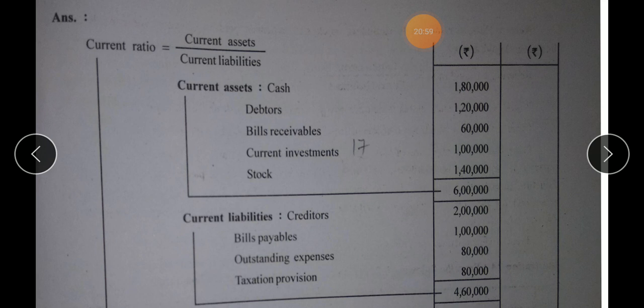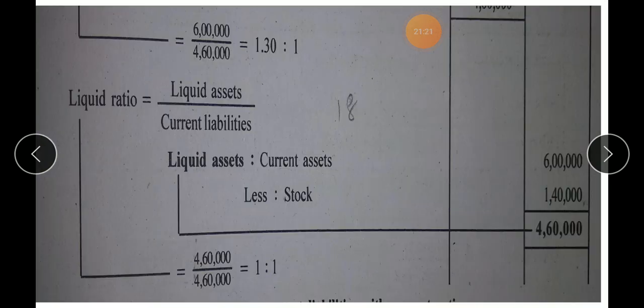And the total of current assets is 6 lakh with respective items and with their respective amounts. Alright, so simply we are supposed to substitute this in the given formula, which is current assets upon current liabilities. So of course 6 lakh upon 4,60,000, let us see.